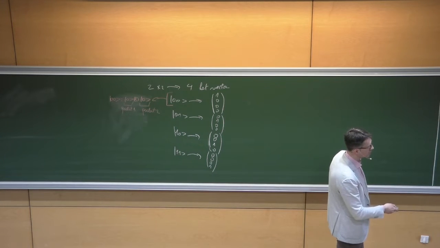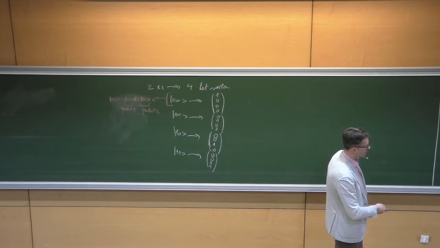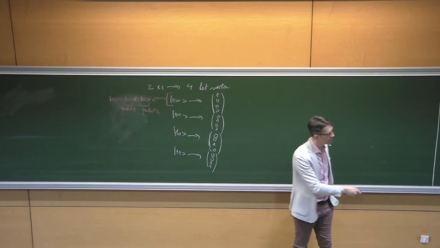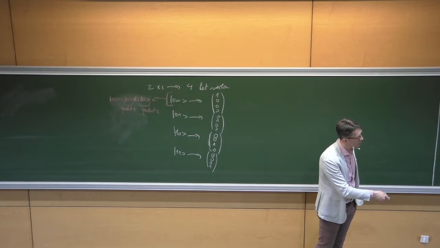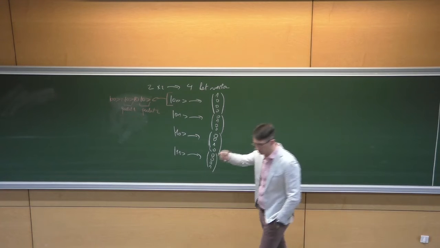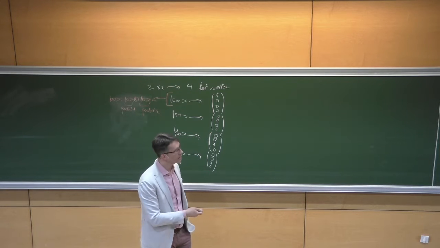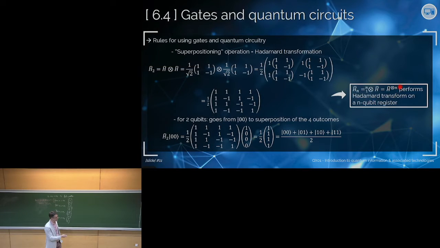Sometimes we write this H2, Hn, but we can write it with this sort of tensor product notation from 1 to n for n qubits, or also like this, with the power of n, but in tensor product form. So that would be the Hadamard transform. We call it the Hadamard transform on an n-qubit register, as opposed to the 2-qubit register I have here.